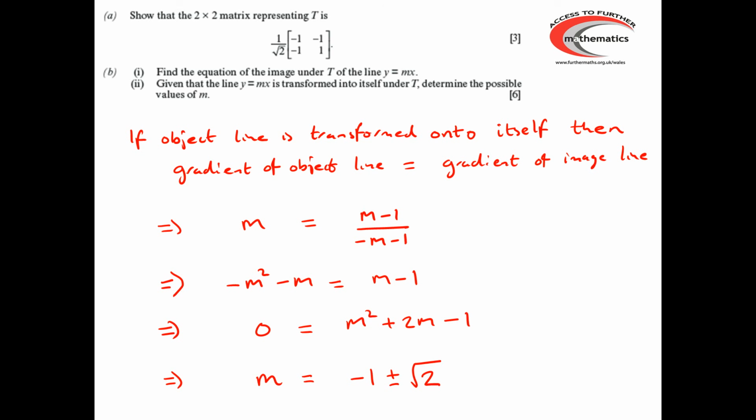For the first part of part B, we needed to obtain the coordinates of the image point, which gave us our first 2 marks, and then we needed to make sure that we eliminated the alphas, so we needed to do that division to obtain the equation of the image line, which then gave us another mark. And then for part 2, we needed to equate the 2 gradients for the first mark, obtain the quadratic equation, and solve it for the final 2 marks.